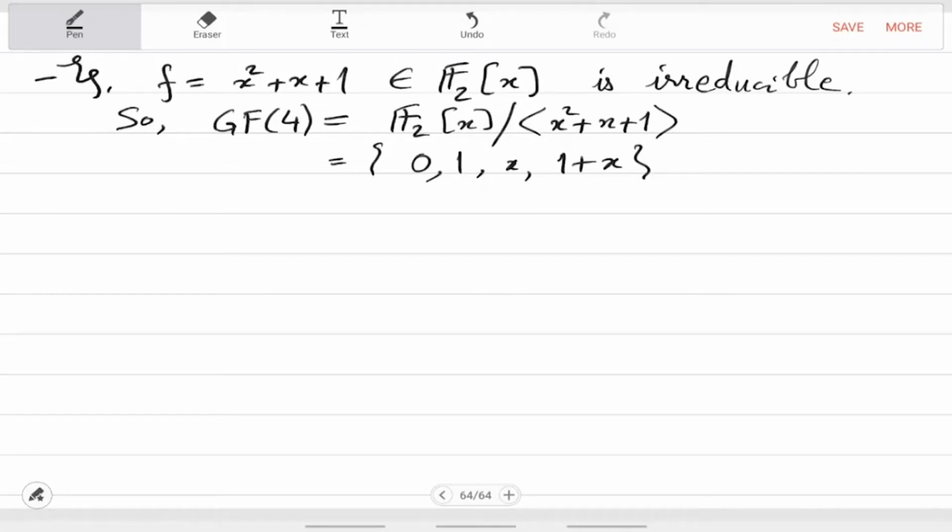So x^2 maps to what? x^2 in this ring is equal to x plus 1, right? And x^2 plus 1 is then equal to x, and so on. Similarly, you can think of x^3. All the other higher degree monomials reduce to this.